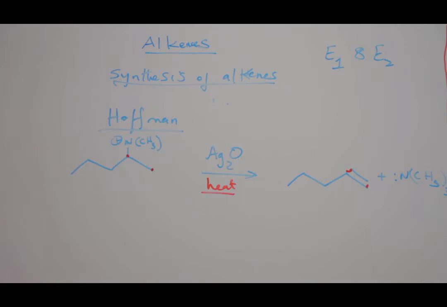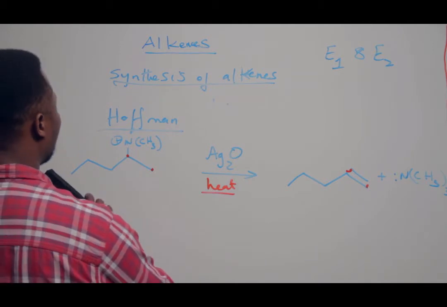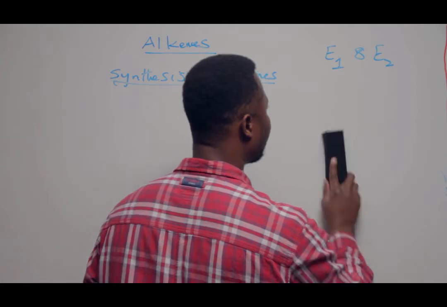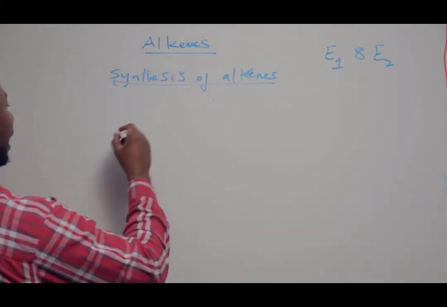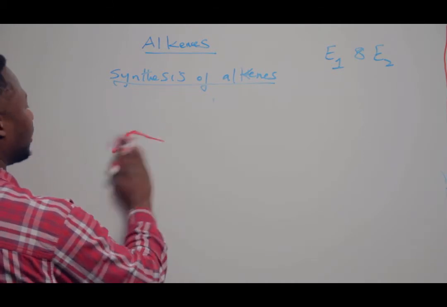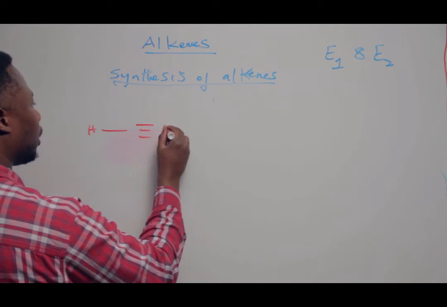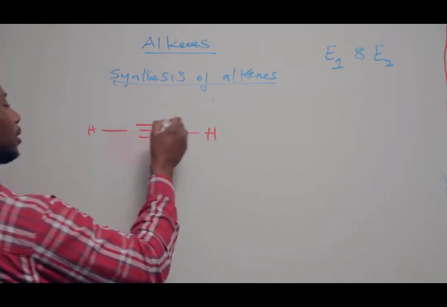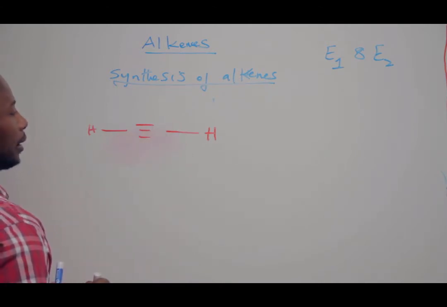And then lastly, I want to introduce how to go from alkynes to alkenes. Well, we are talking about alkenes, but for the sake of this, since we're still making alkenes, I'm going to introduce alkynes. Alkynes are triple bonds. From what I've told you about triple bonds before, what are triple bonds? They are linear, and they're 180 degrees, right, in bond angle.